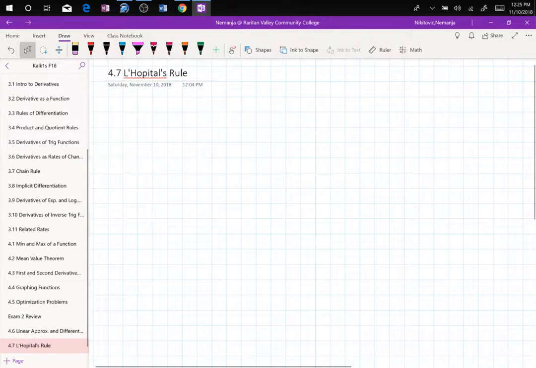Hello and welcome back to Calculus 1 section 4.7 on L'Hopital's rule. It's actually Bernoulli's rule, but L'Hopital's rule. Anyway, so what is this rule about?